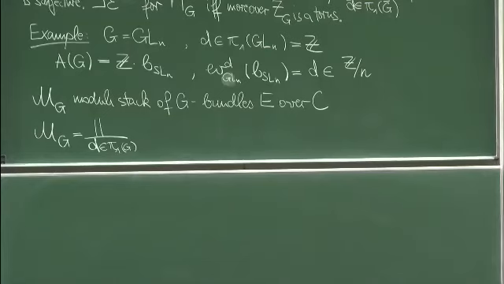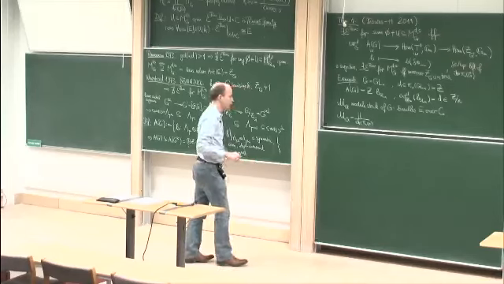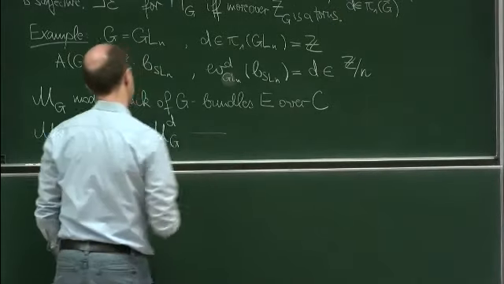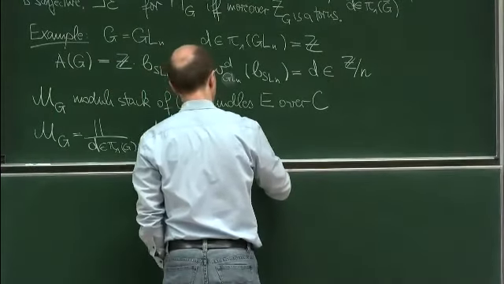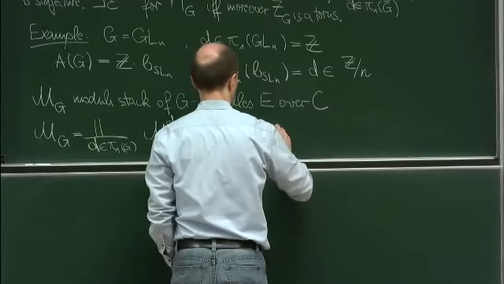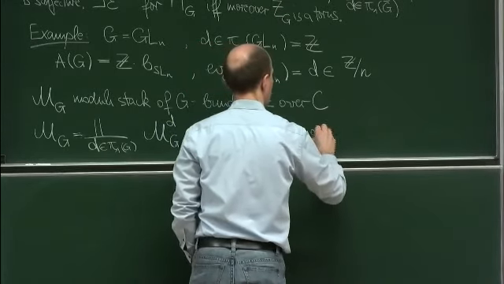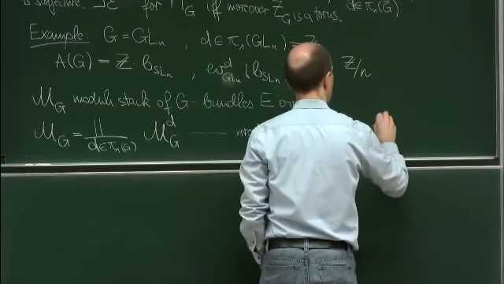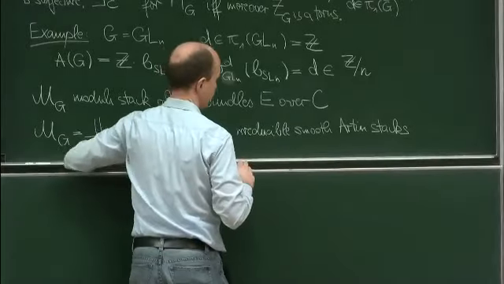So not just stable, but all G-bundles have a degree, a topological type in the fundamental group. And the pieces that you get here are now connected, even irreducible, smooth Artin stacks. These are smooth Artin stacks.